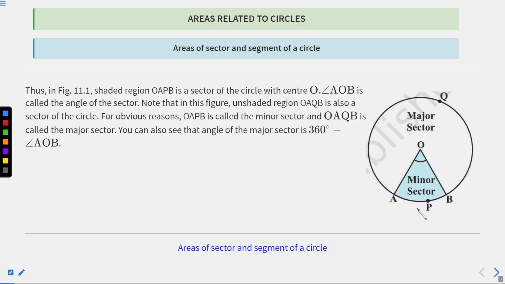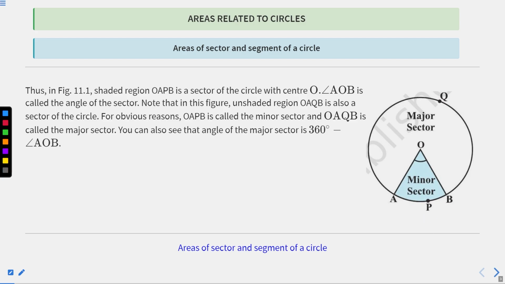There are two types of sectors of a circle: the first is the minor sector and the second is the major sector. Now the question comes, what do we mean by minor sector and major sector?